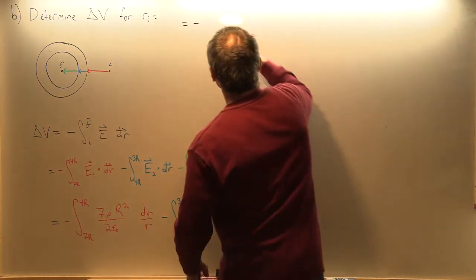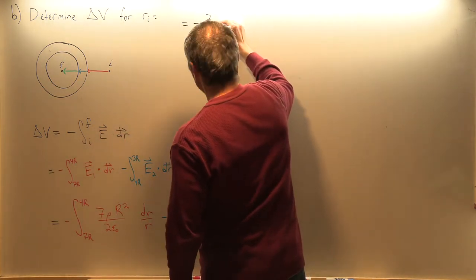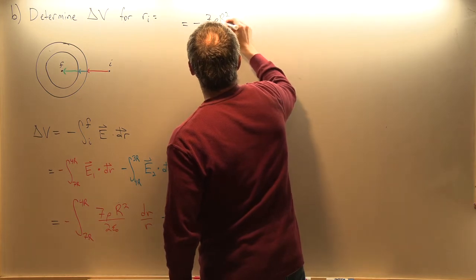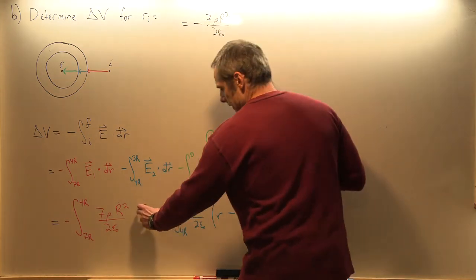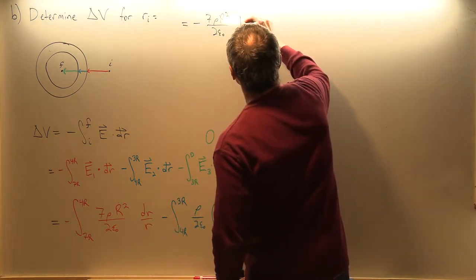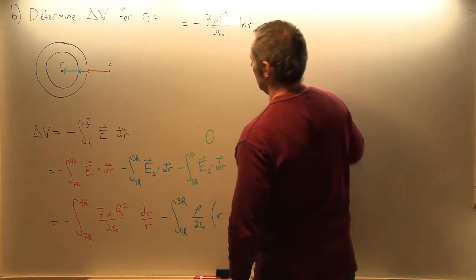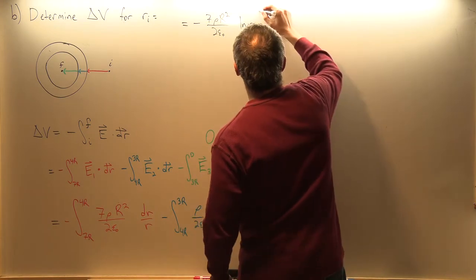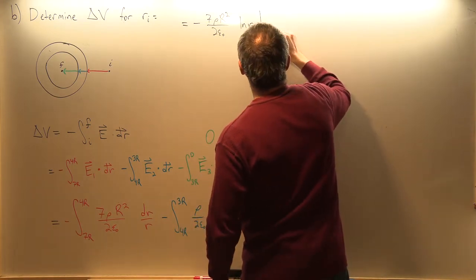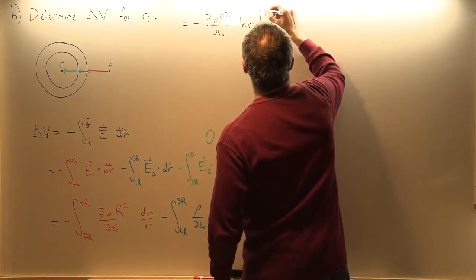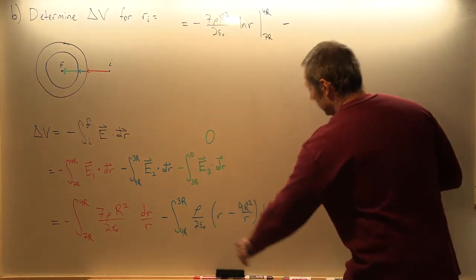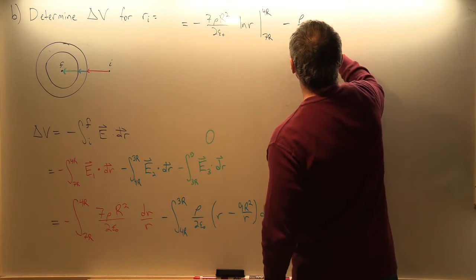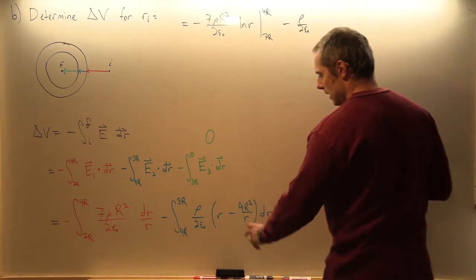So the constants remain 7 rho r squared over 2 epsilon 0. But the dr over r integrates to natural log of r, and the limits from 7r to 4r. And then in this integral, the constants remain, rho over 2 epsilon 0.